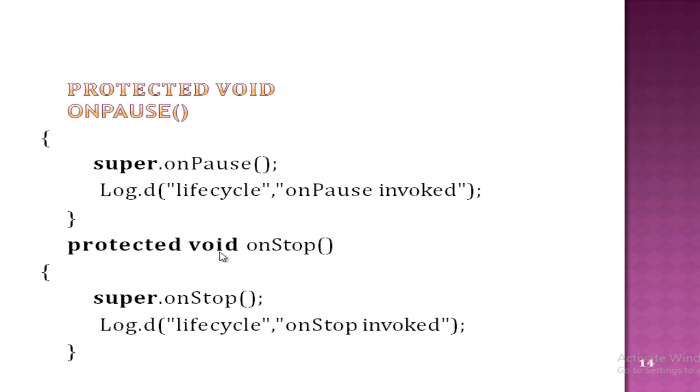And for the onStop method, whenever onStop is called, the activity doesn't appear anymore. So here we write super.onStop, then "onStop invoked". So these are the methods.